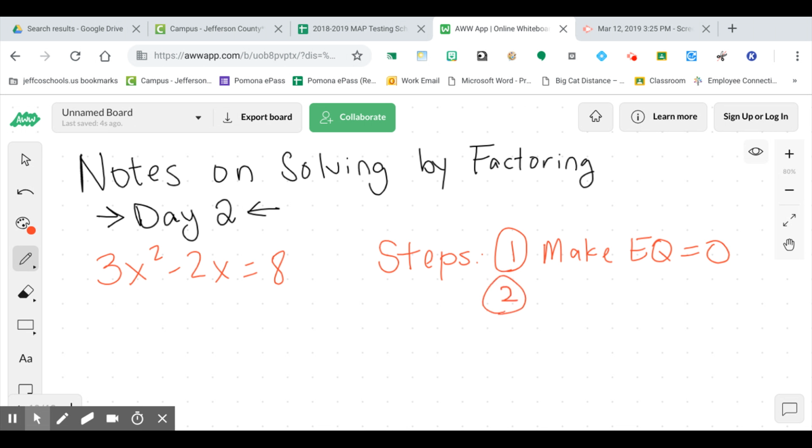The second step is to unbox, which is called factoring. And then your third step is to zero out the parentheses. So go ahead, pause the video, make sure your screen is set up.